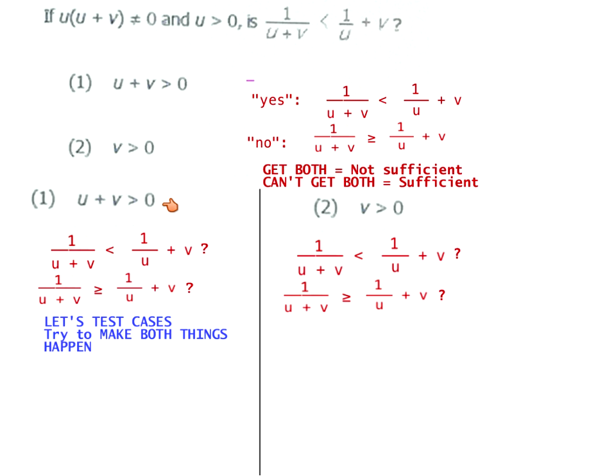Someone give me some U. 1 and 2. That works. Okay, so U is 1 and V is 2. All right, let's do it. So let's make columns, U, V, 1 over U plus V, and then 1 over U plus V.